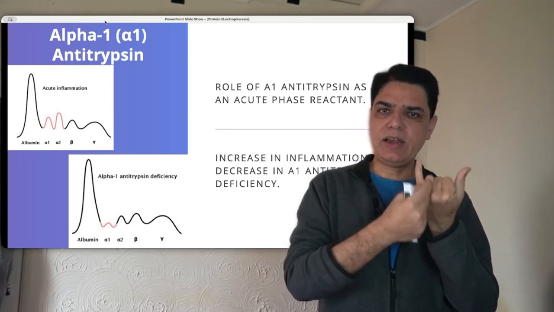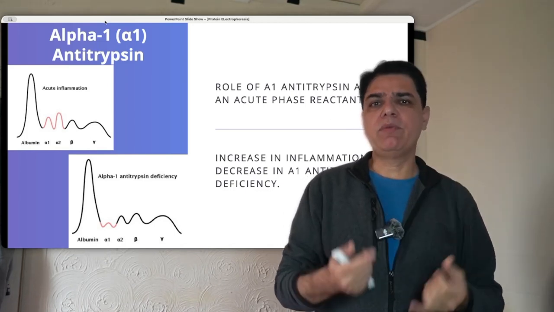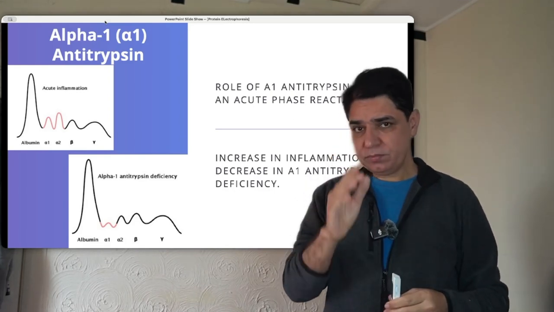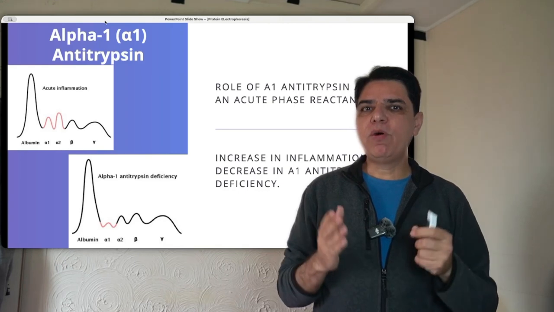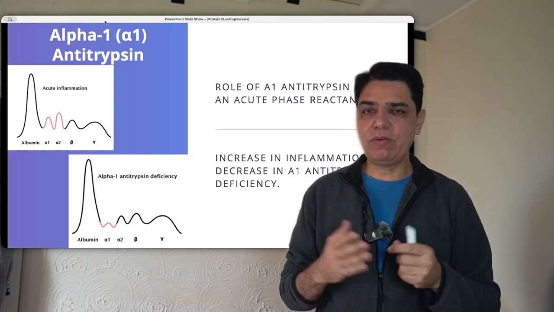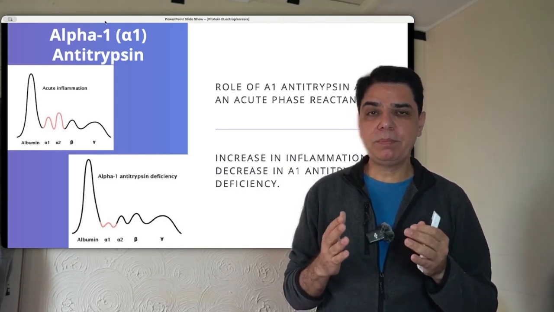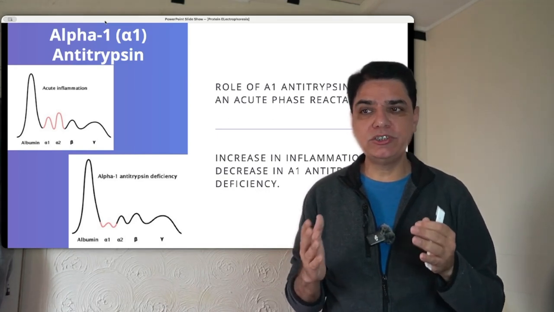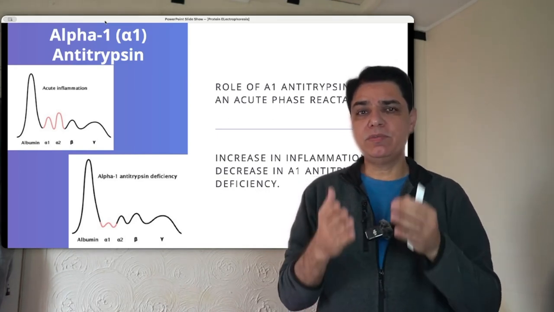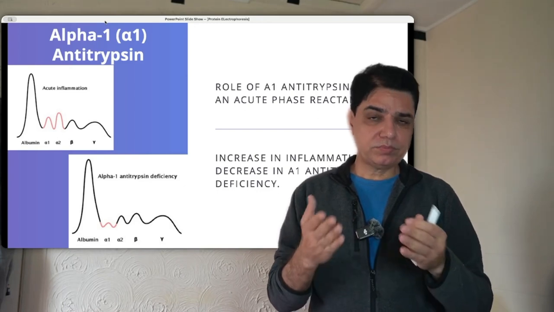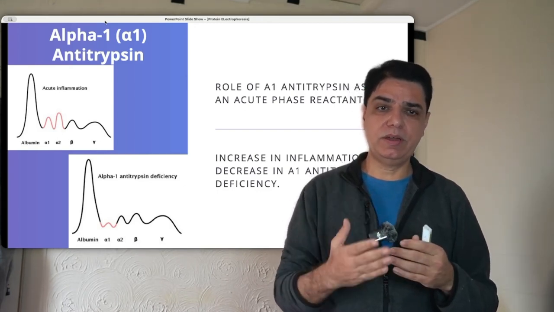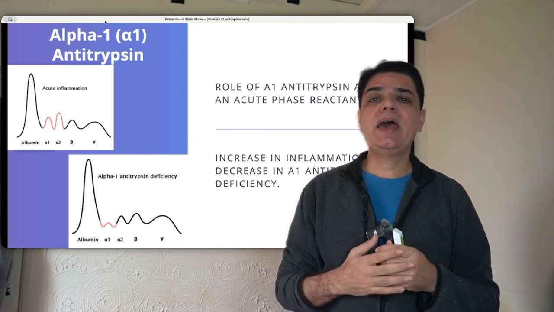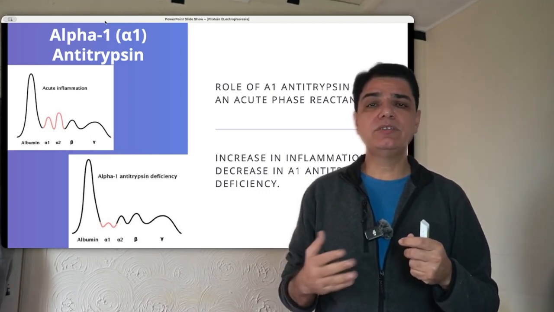The first one is the alpha-1 proteins, or alpha-1 globulins. Now, if you think of alpha-1, what comes to mind is alpha-1 antitrypsin deficiency. This is a peculiar type of genetic disorder in children, in which there is a deficiency of this alpha-1 antitrypsin protein, and that leads to chronic liver disease and chronic lung disease.